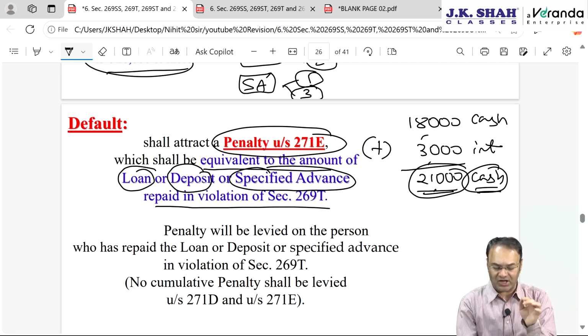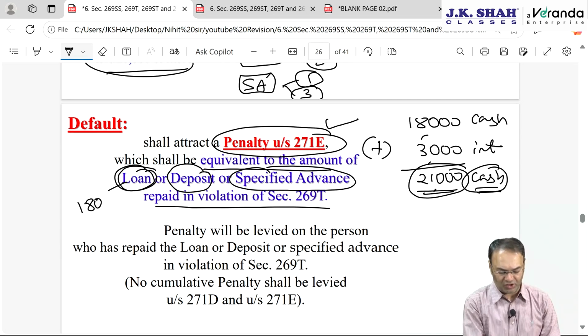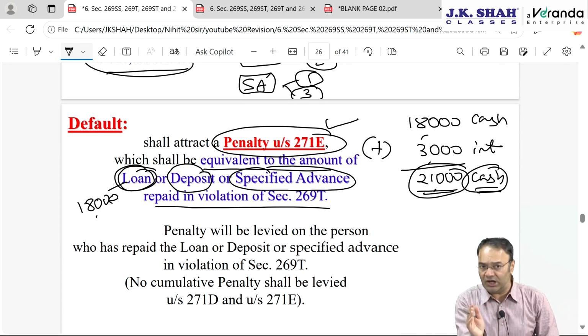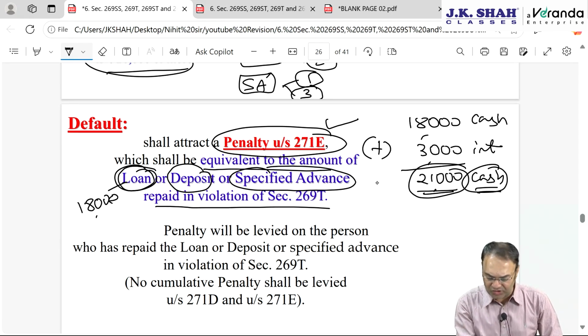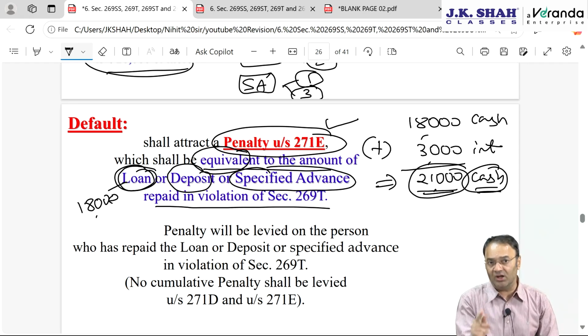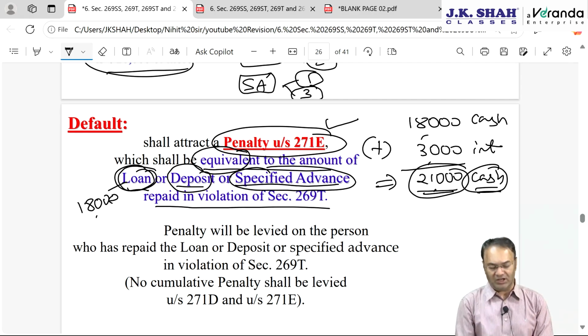But the penalty amount here will be equal to the loan amount. Loan amount is only 18,000 and not 21,000. I am repaying 21,000, and the figure to be compared with the threshold limit of 20,000 is this, whatever I am repaying. But the penalty will not be equal to the amount repaid. It very clearly does not say the penalty will be equivalent to the amount repaid. It says the penalty will be equal to the amount of loan, deposit or specified advance, which means the principal amount, which is 18,000.